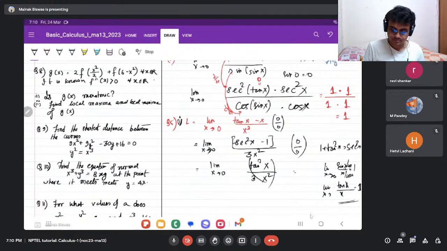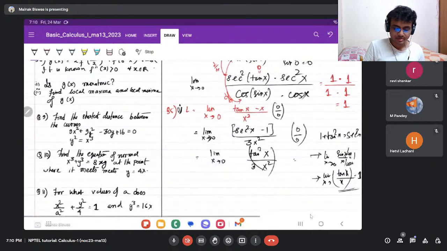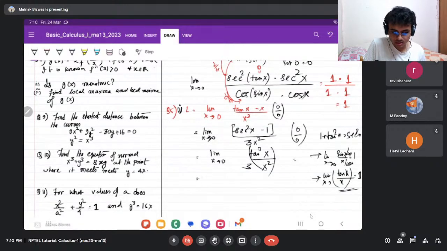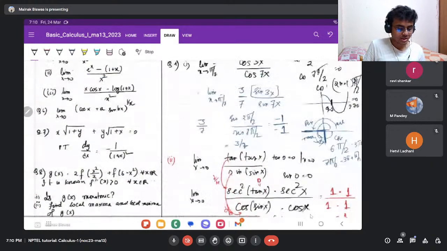Agreed? So tan x by x is also 1. This is what I meant. Since sin x by x is 1, cos is 1 at 0. So your tan x by x is 1. So this is the quicker one. So let's do the next question.